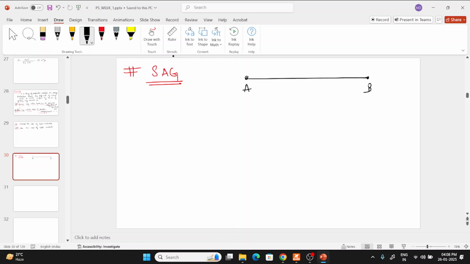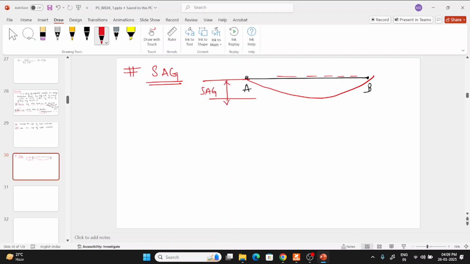But the problem is that the line has a weight. So instead of a straight fashion, under the effect of its own weight, it bends like this. The amount of the bending from this is known as the sag.